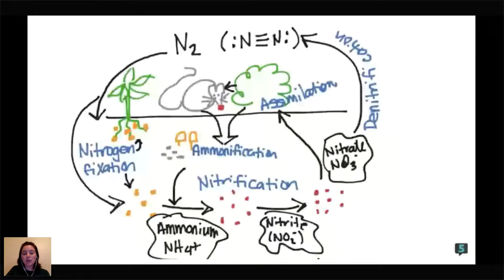It is those super awesome bacteria that are on the plant roots and hanging out in the soil. When organisms are breathing, that is part of respiration, which is going to contribute more to the carbon cycle. So awesome. Thank you guys so much for participating.